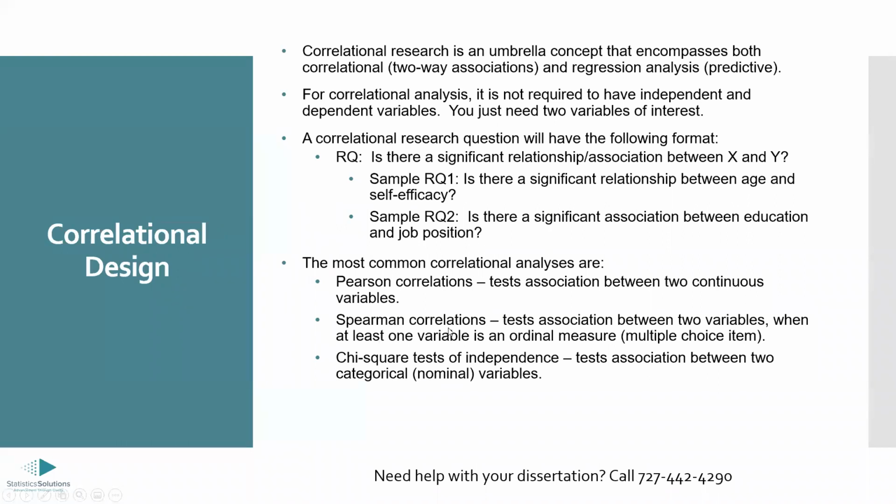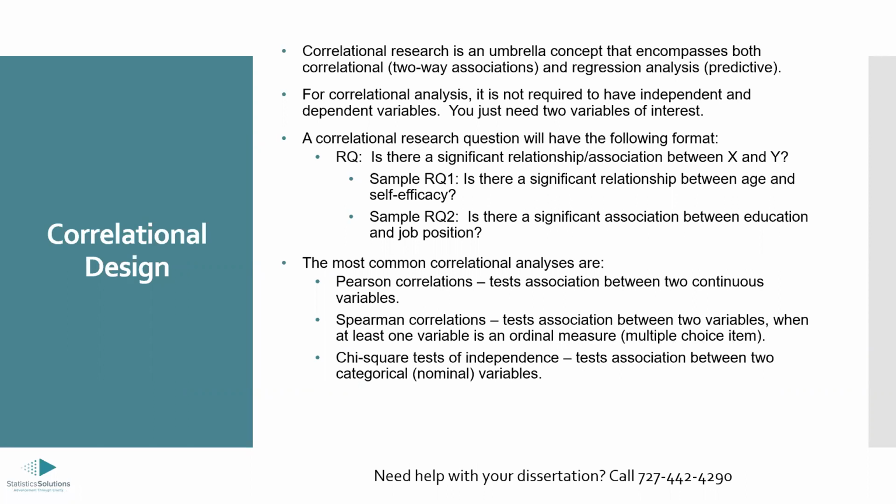We have Spearman correlations, which are used when you're looking at the association between two variables, but at least one of those variables is an ordinal measurement. So that could be a multiple choice item. It could be a Likert scale item. It could be something like education level, which has a natural hierarchy to it.